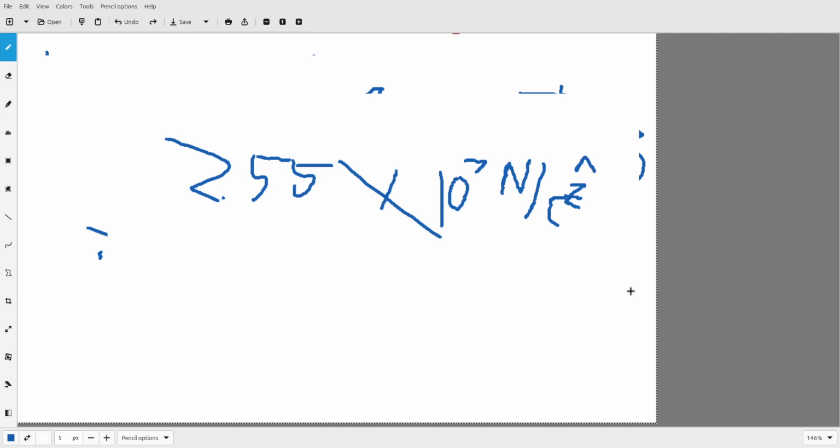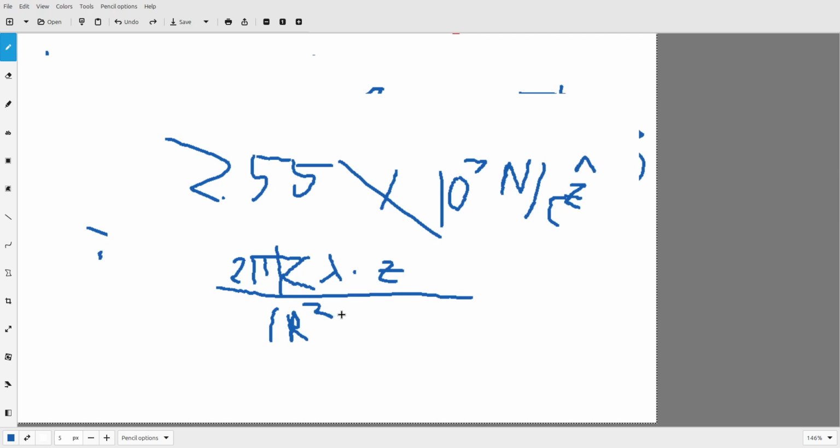Now let's look at the next problem. What happens when z is much larger than r? We have 2 pi k lambda r z over r squared plus z squared to the three halves.